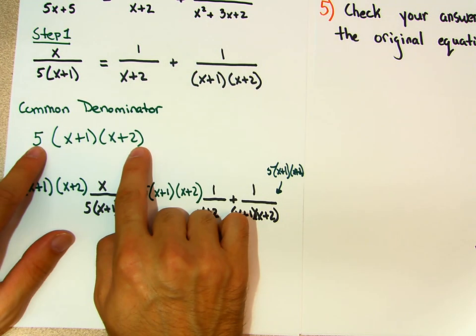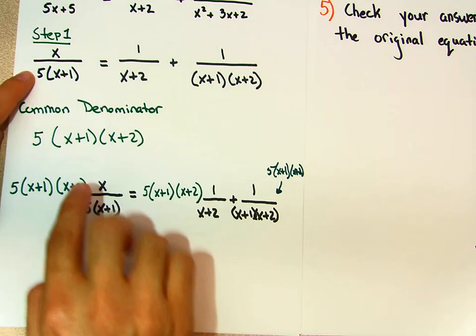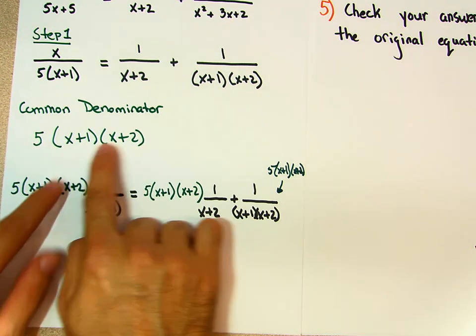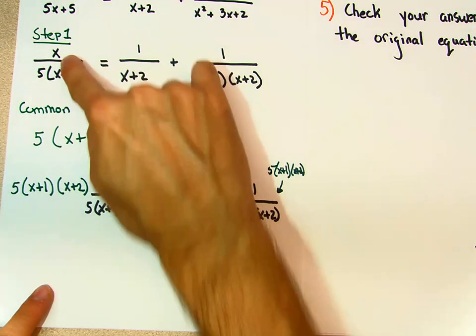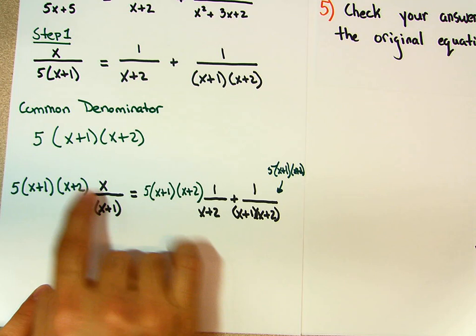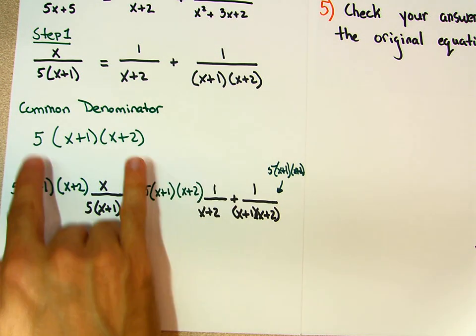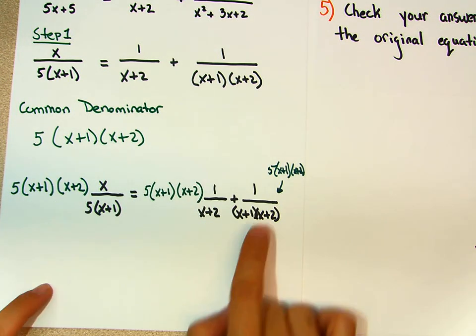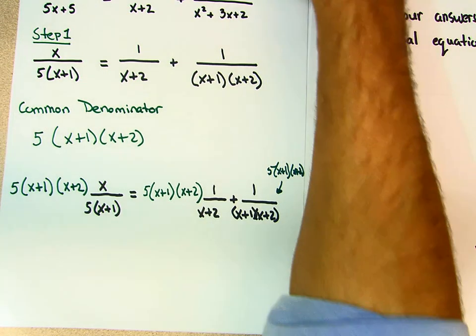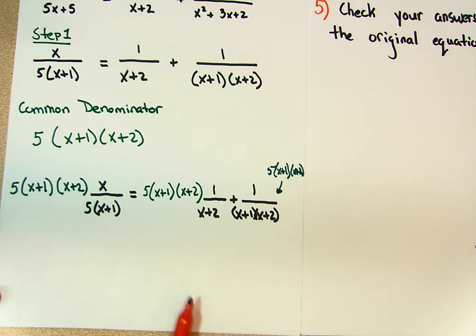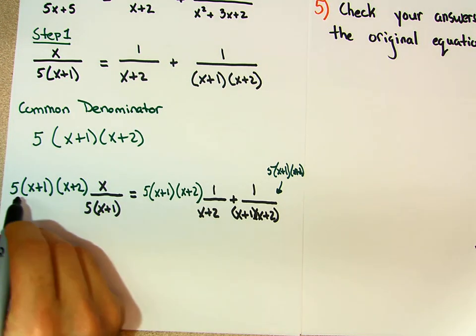Apply this to this guy, and it will look like this, right? Because I'm taking this, 5 times x plus 1, x plus 2, and I'm multiplying it to this. I'm taking the same thing, I multiply it to this. I take the same thing, and I multiply it to that. So let's see what happens. Here, you have to realize that when you multiply this, this is over 1, right?